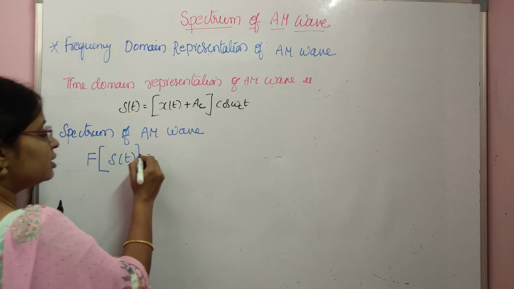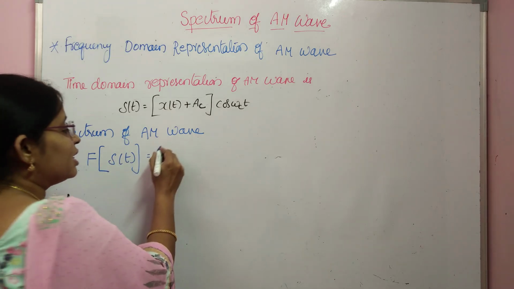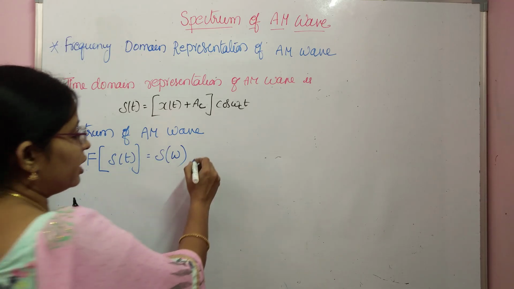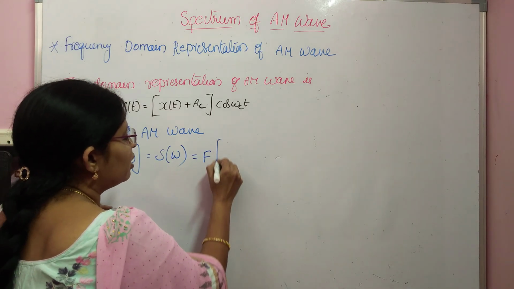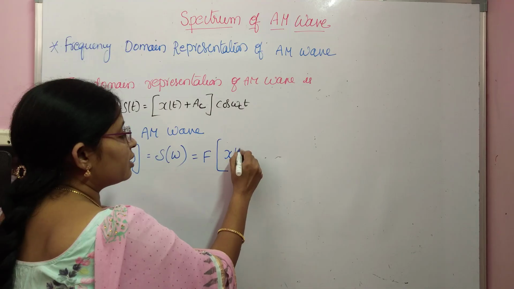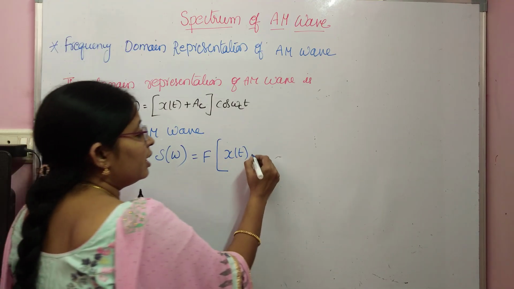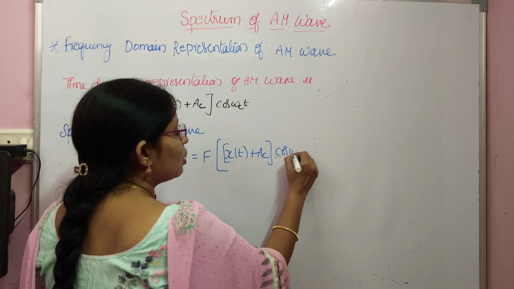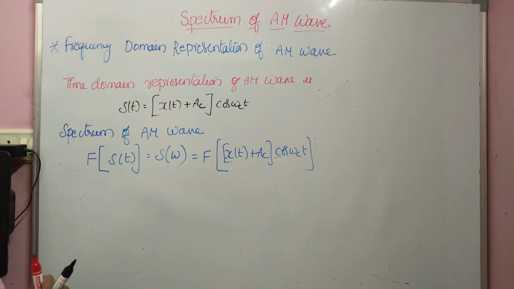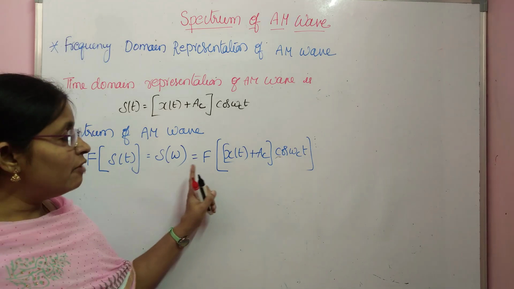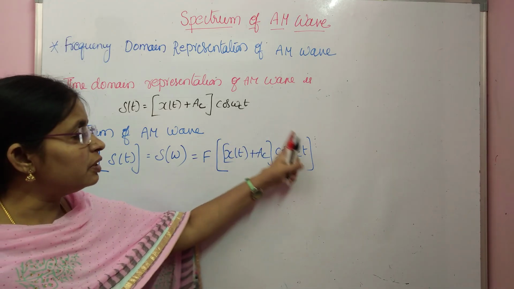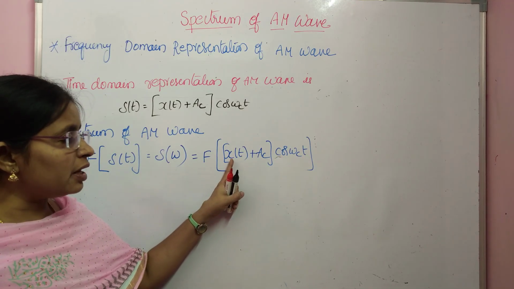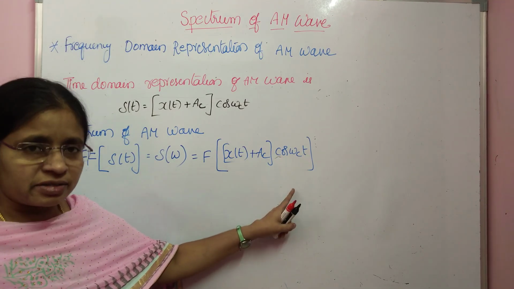This becomes S(ω). How to get it? This is simply by applying the Fourier transform on [x(t) + Ac] cos(ωc t). Our aim is finding the Fourier transform of this total term, which consists of x(t) and also the carrier signal.